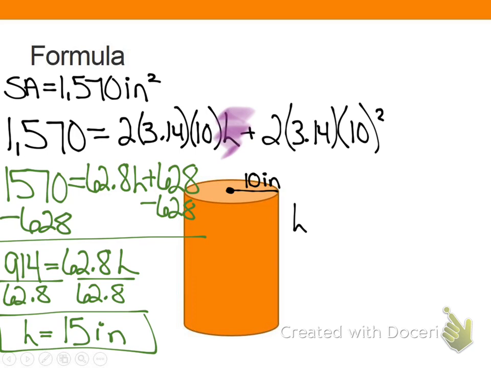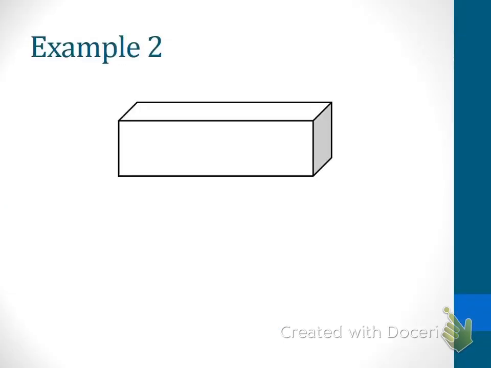Now let's switch gears a little bit and let's solve for volume of a rectangular prism. This might be one of the easier formulas, I think, on your test tomorrow. Go ahead and find the volume of this rectangular prism. What's my formula for volume?